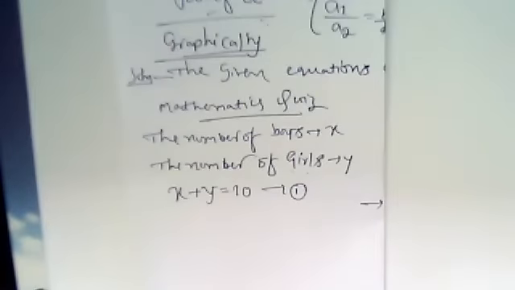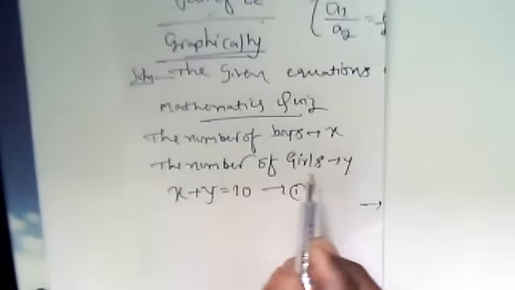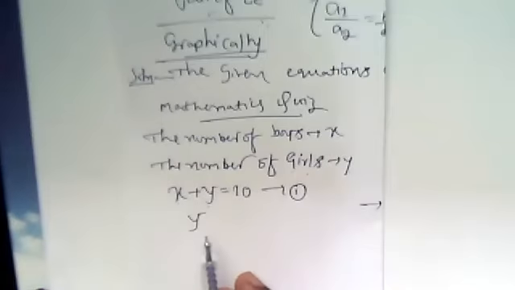Finished. In the second equation, how to obtain? Second sentence, you can see: if the number of girls is, how many number of girls participating? Number of girls it is y.